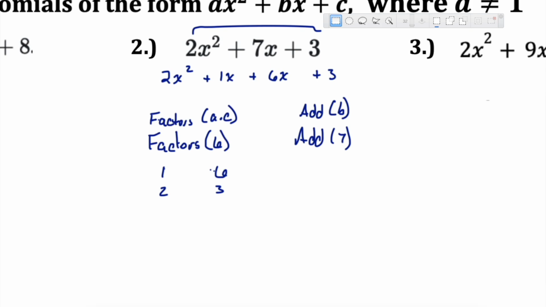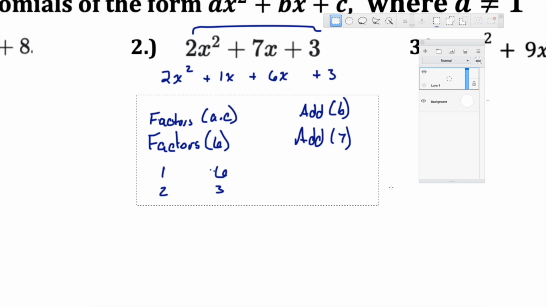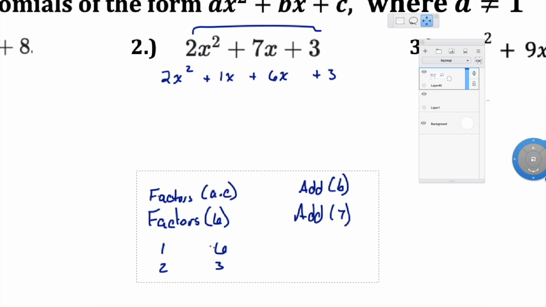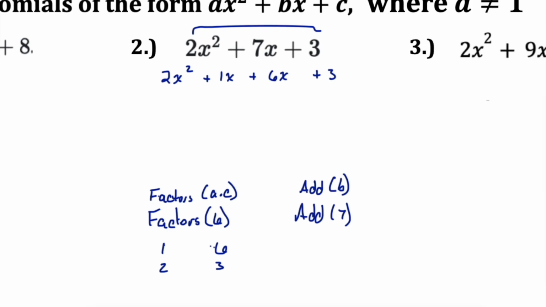Now I'm going to take that and drag it down a little bit. Now we're going to factor by grouping, and we did this earlier in the previous section. Let's take a look at the first two terms, and then the second two terms, and factor the greatest common factor from each grouping.